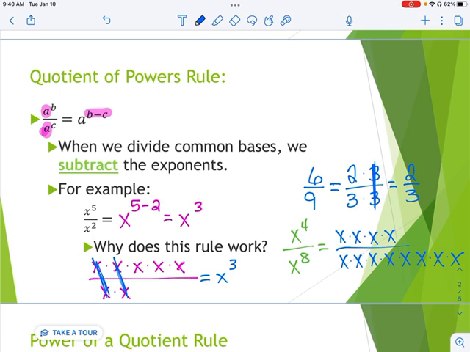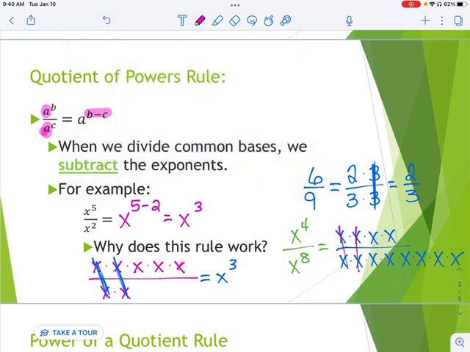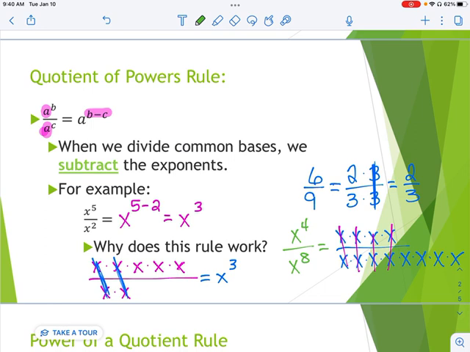So when I go to start canceling, these would cancel. And if you notice, that leaves me with 4 x's, but this time they are all in the bottom, so x to the fourth. Since everything in the numerator canceled, I would put a 1 there. So it would be 1 over x to the fourth.